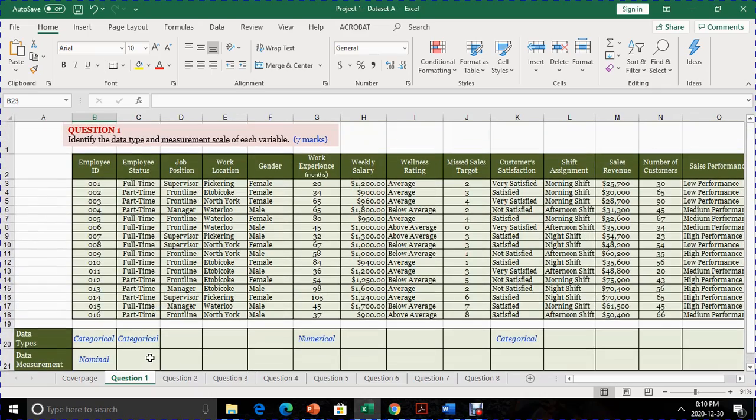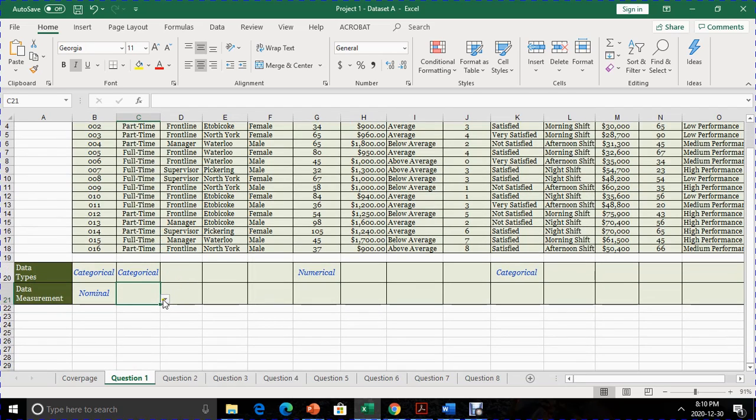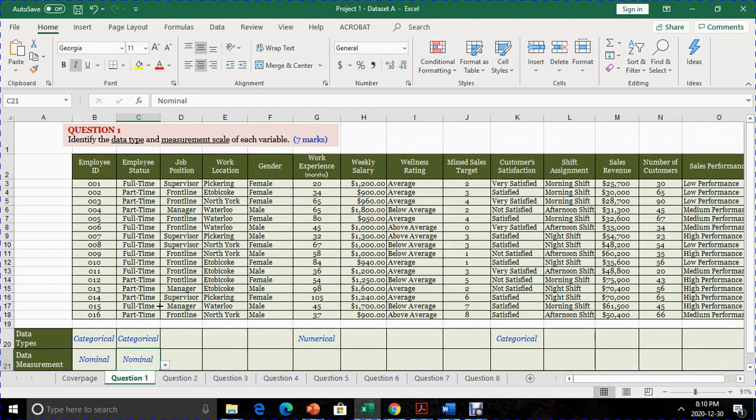When it comes to employee status, again here we have categorical, and again this is going to be nominal. You just have unique identifiers, values which are categorical, and there's no ranking to it.